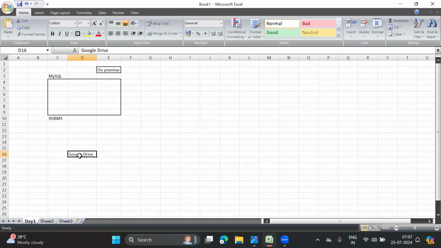Where is that Google Drive saving that data, how is that data being retrieved, in which language is Google Drive written? Is it in HTML, is it in Ruby, or is it in Python? We do not even know in which language it is written, or where it is existing. The files which I place in Google Drive, whether they are in USA, Japan, Australia, or Africa, we do not even know.